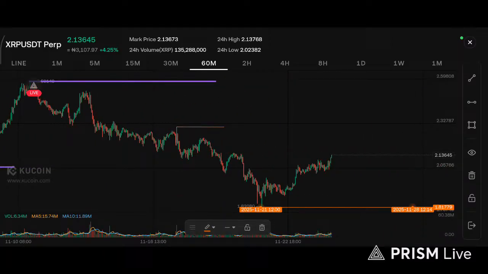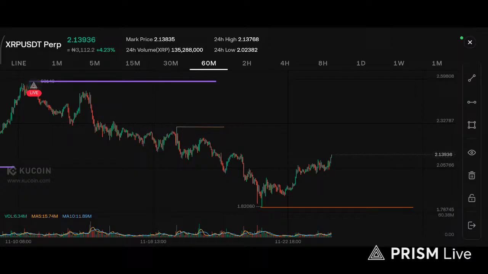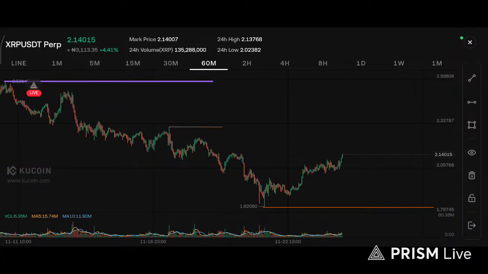So this has now turned to be our external liquidity, where the market is moving higher right now. As you can see, there is a break of structure here. The market is now creating higher highs and higher lows, it's now creating a lower high, retesting back. We can see a bullish move.